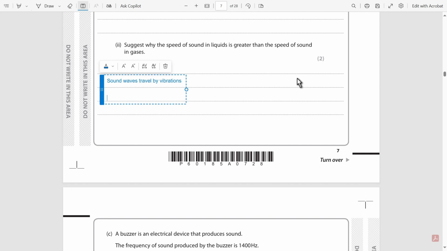So we could say that sound waves, the vibrations are passed on more effectively when the particles are close together.